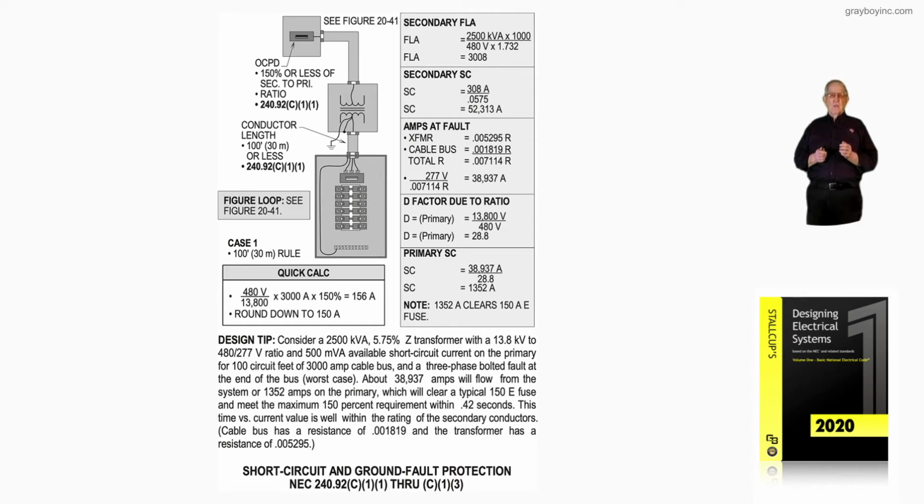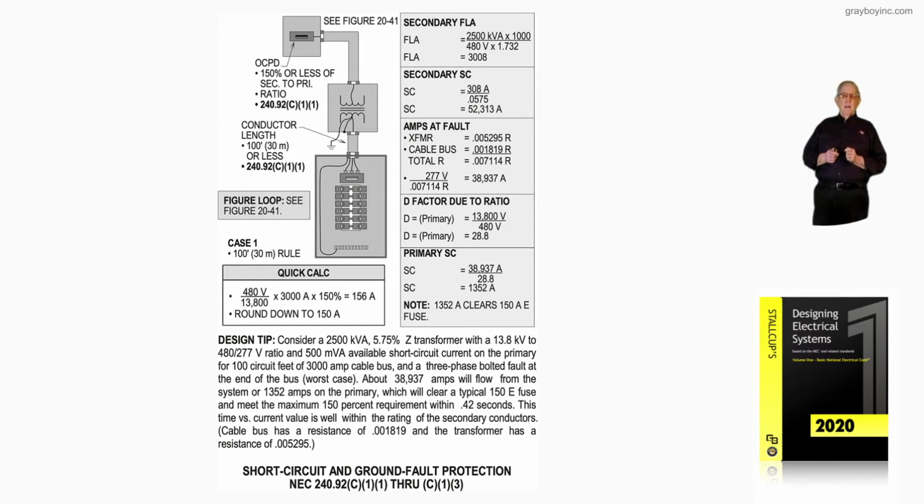We're considering a 2500 kVA transformer with an impedance of 5.75% with a voltage of 13.8 kV. The secondary is 480/277 volt, and that's our ratio.